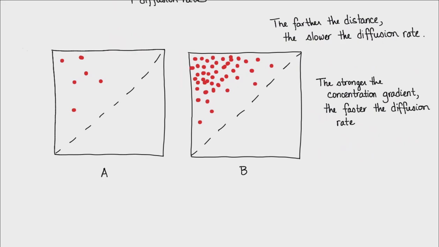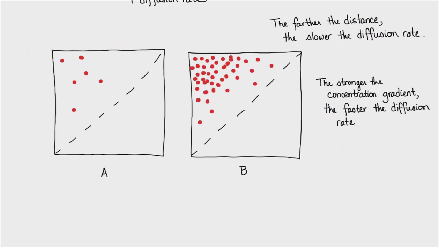There are a few different ways to measure diffusion rate. In our case, I have a dashed line across the diagonal of the box. What I want to know is how long is it going to take until, let's just say, 3 molecules cross that dashed line.